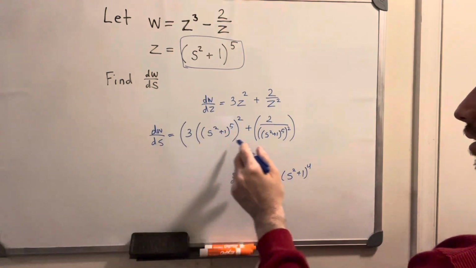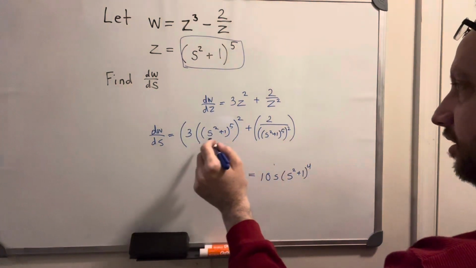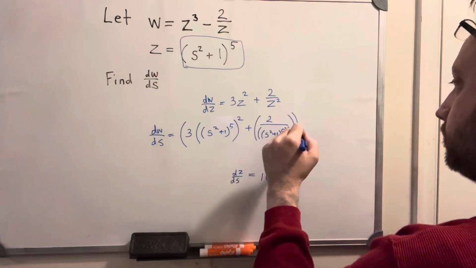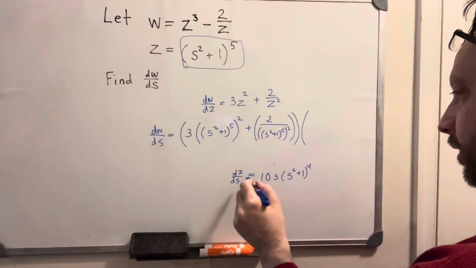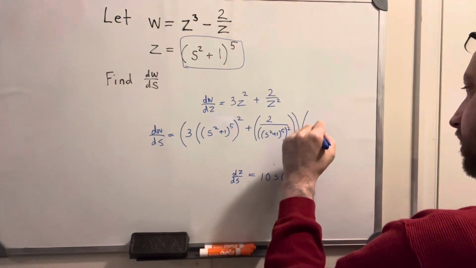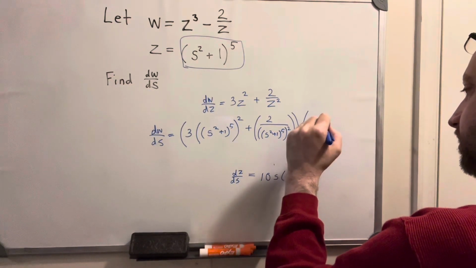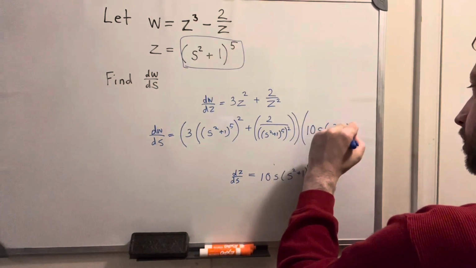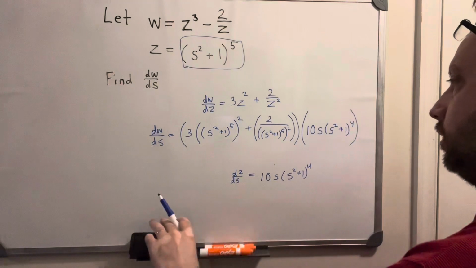This is all dw/dz, right? And we have to multiply it by dz/ds, which is just 10s times (s squared plus 1) to the 4th.